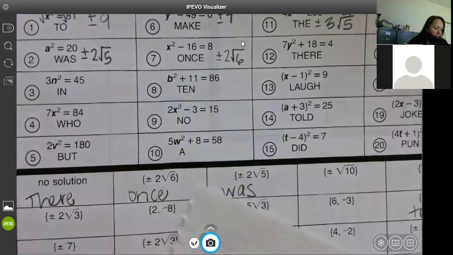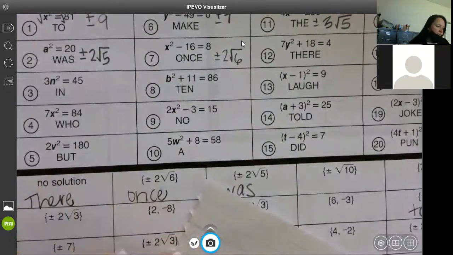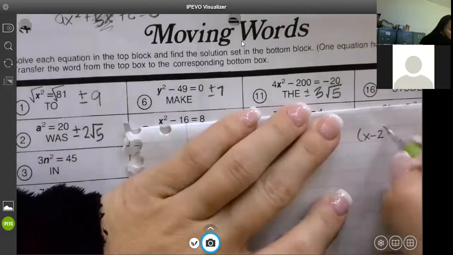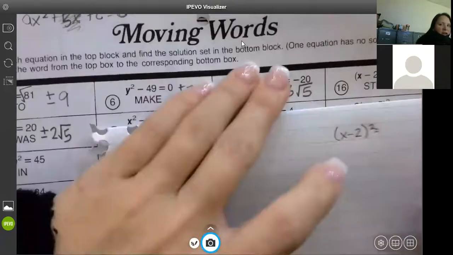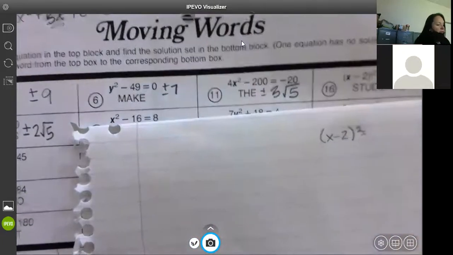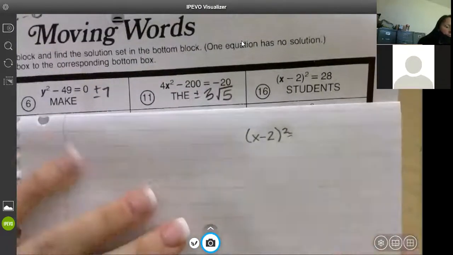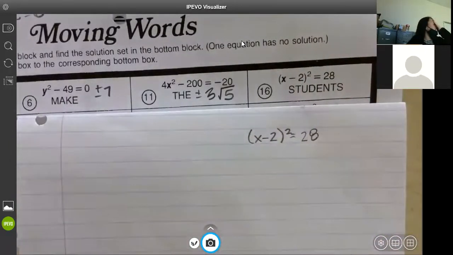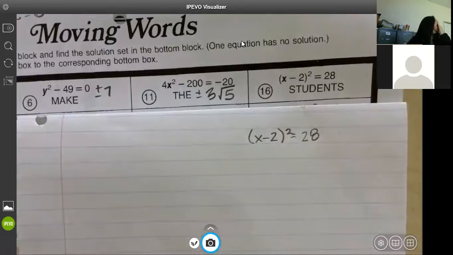All right, let's look at 16. What's different about this one? Yeah, it has some parentheses. Let me get the document cam over there so you can see it. All right. So our goal on the last one is we're going to get that square by itself.